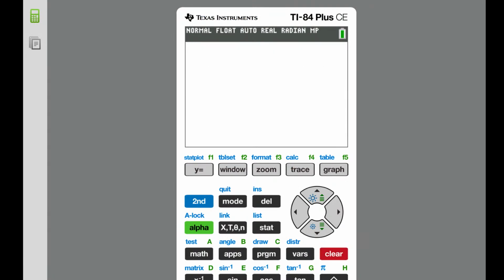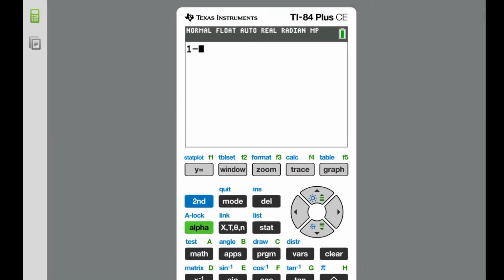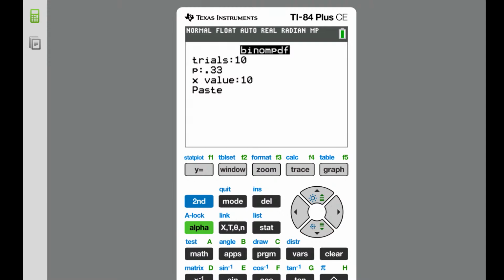So, clear. Now, this is a complement rule question again, so we have to do 1 minus second distribution, binomial PDF. Enter. Trials is 9 again. Little p is 0.5.